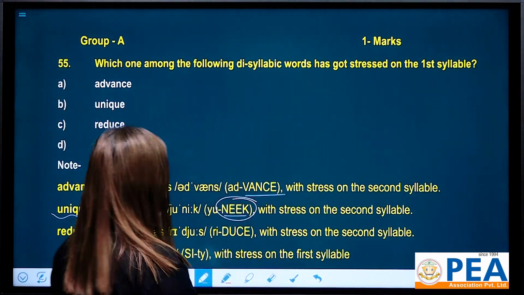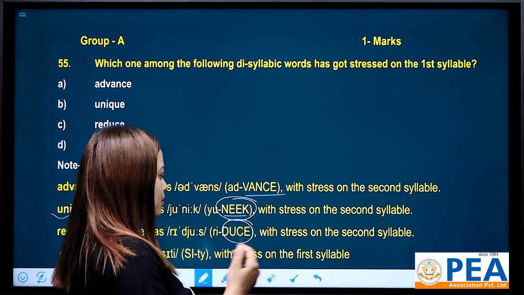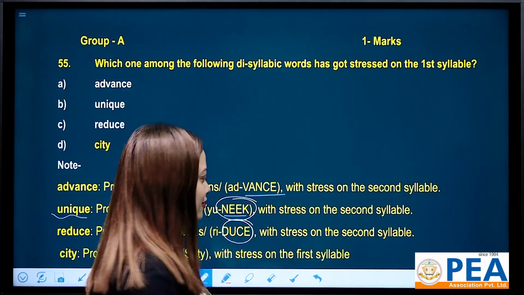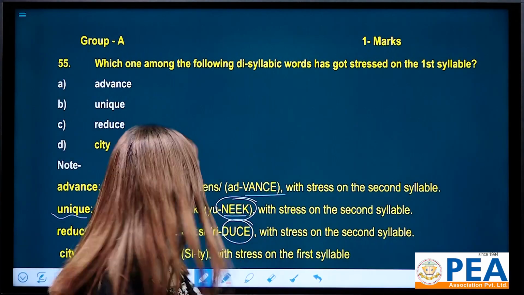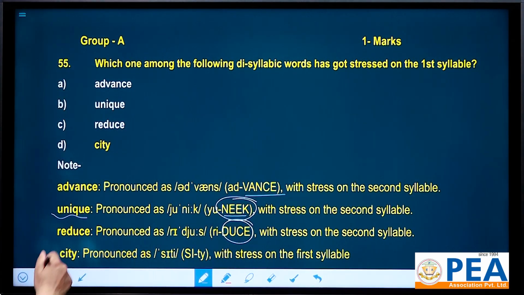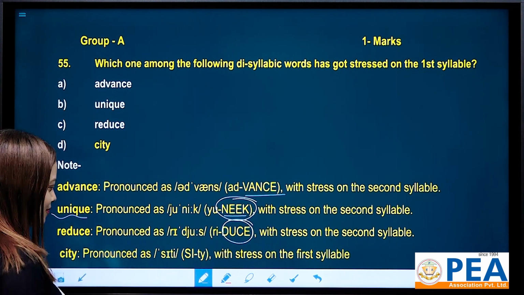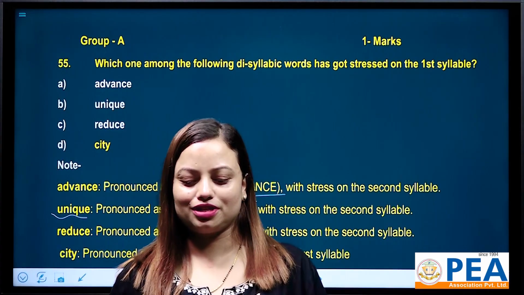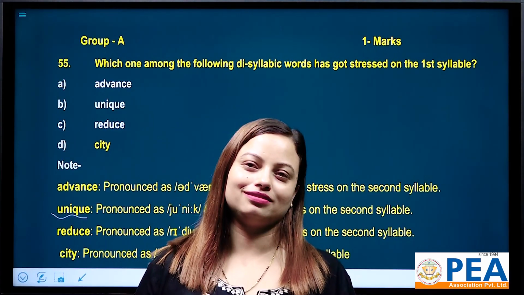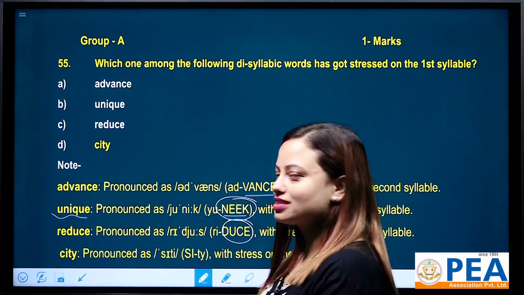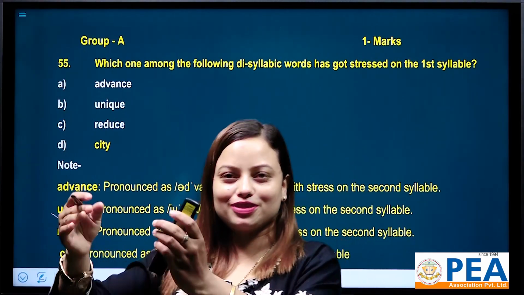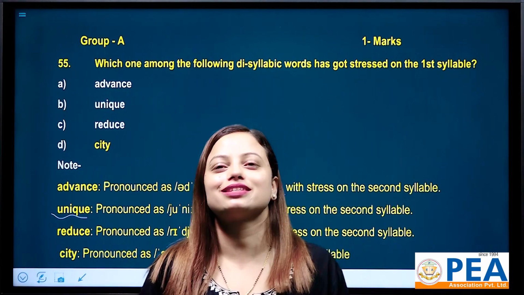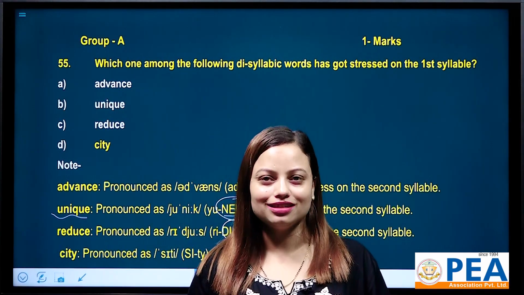Yes, so the stress falls on duce. That's why we pronounce it as reduce. And the last one is city, right? With the stress on the first syllable. In terms of city, we say city. Okay? Because stress falls on the first part. The first syllable is C and the second one is T, okay?